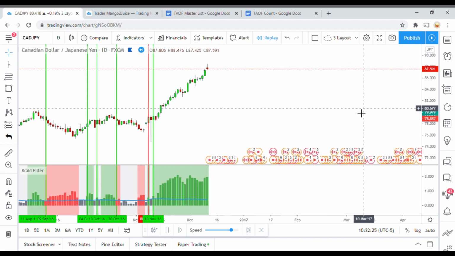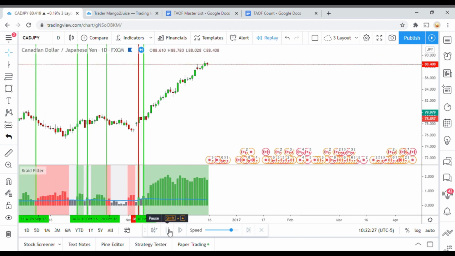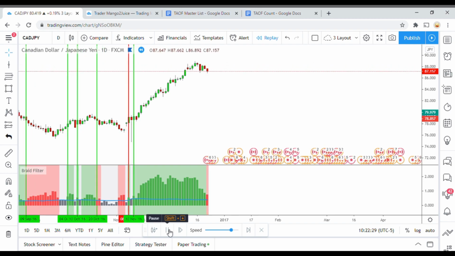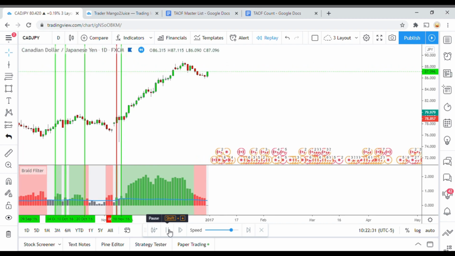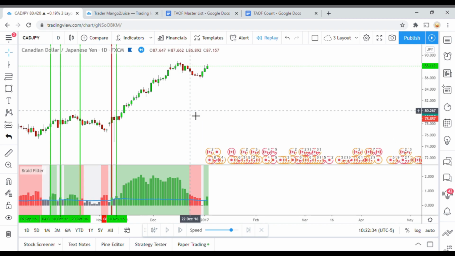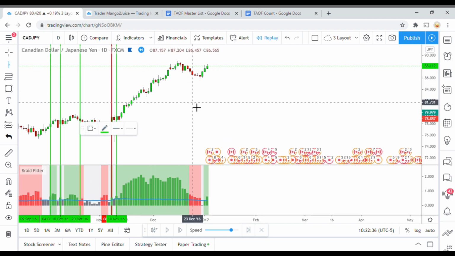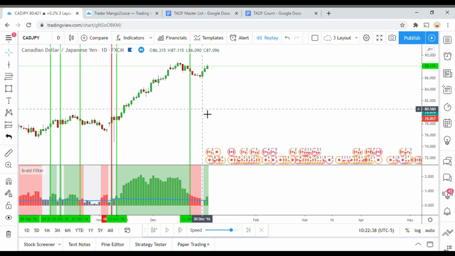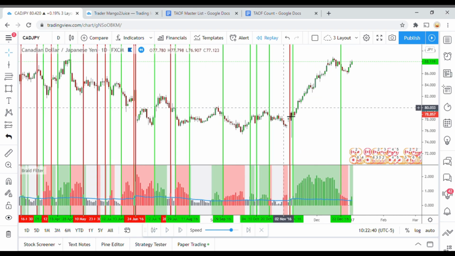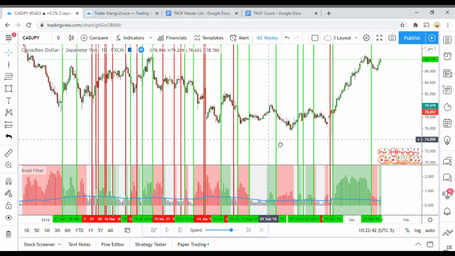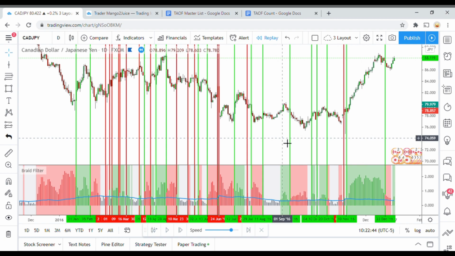Let's see what happens when we add all these up. All right, there we have it. So that is the Braid filter indicator there.